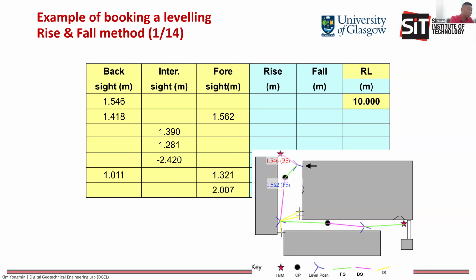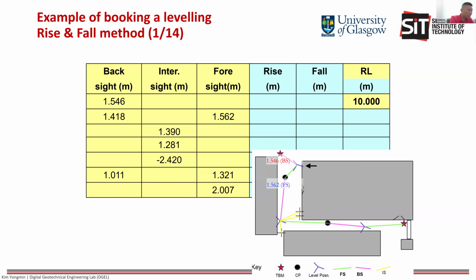So you put your level on a point where you can see both the star, which is the first TBM, and another change point. Then for the backsight you read 1.546, and your foresight gives you 1.562. So you write down your two readings, the backsight 1.546 and the foresight 1.562.